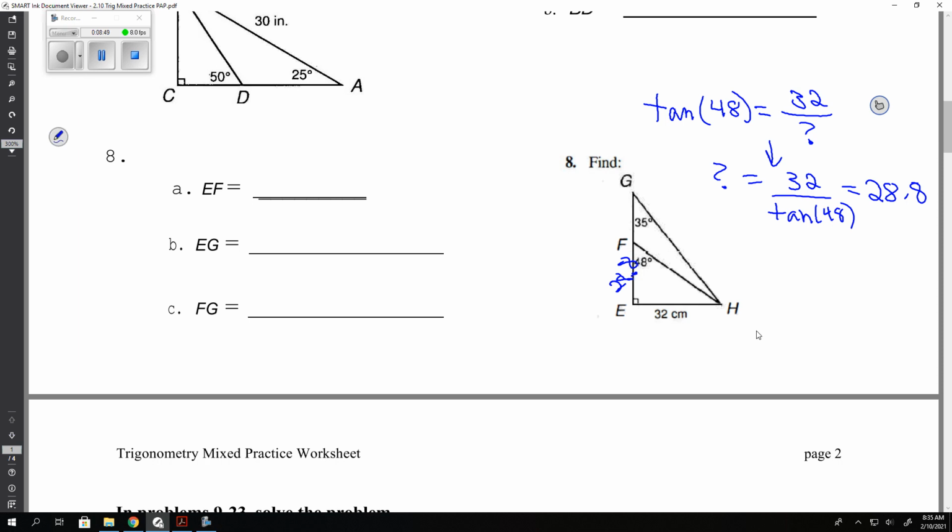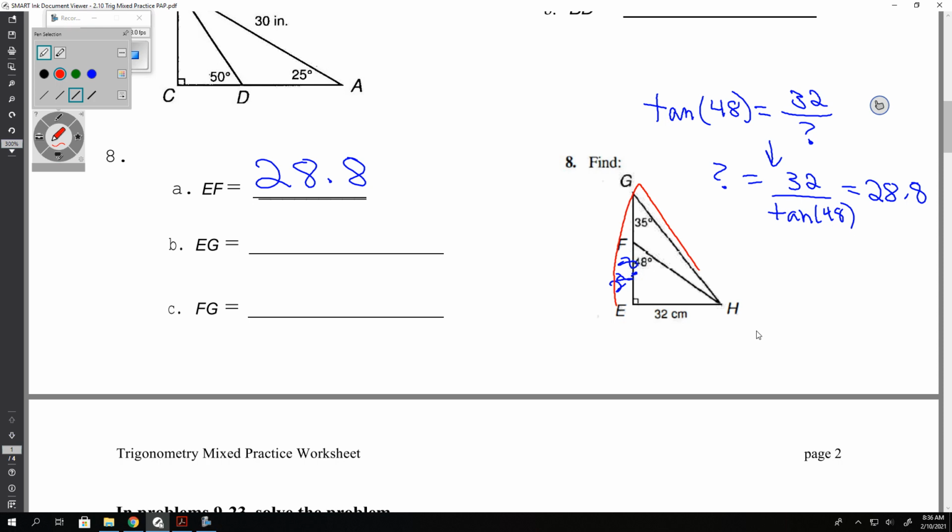Okay. Now, look, they're even telling you the order to find it. You know, see how that kind of helps you? Right? Okay, now we said we need to find EG, and that's going to be the whole thing. So to find EG, I'm going to look at the big right triangle.